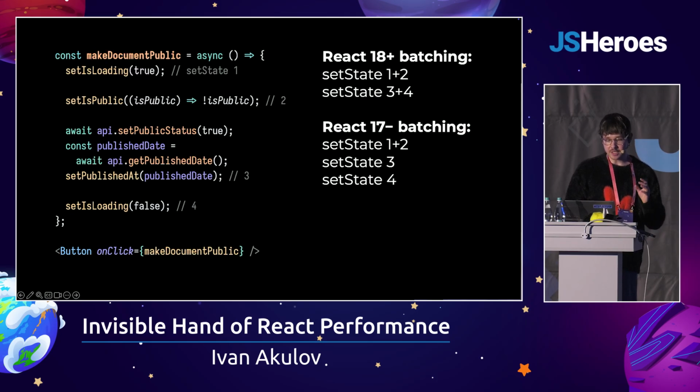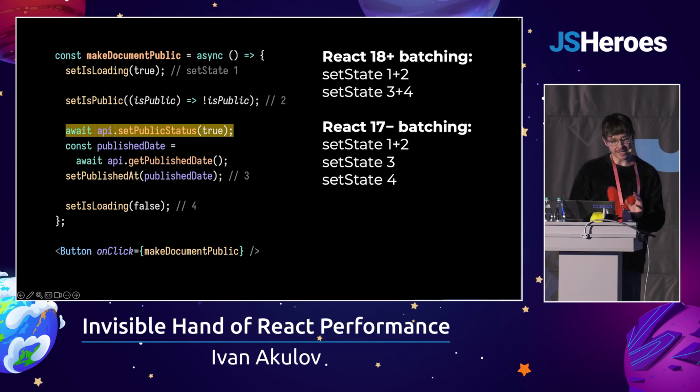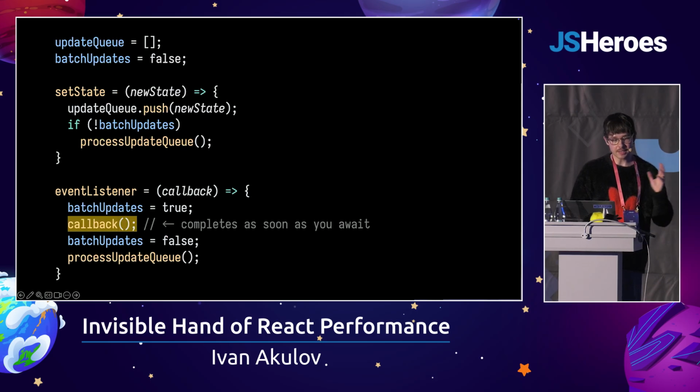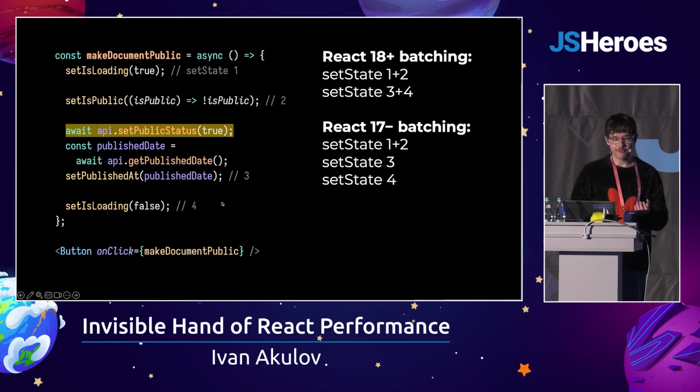But by the moment you call await, the original callback, this very callback, it finishes executing. So React flips the batch updates flag back to false, and then whenever this code finally fires, the batch updates flag is already false. There's nothing that sets it to true. So these 2 setStates are calling 2 separate renders. That's why you have 3 renders in total in React 17 and below.